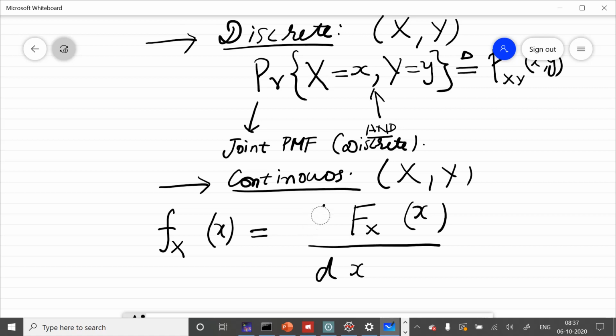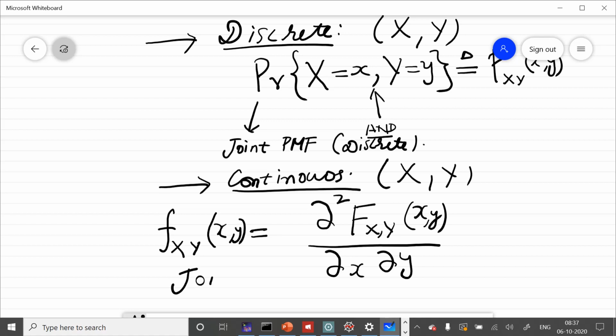So what you will do is, you have now a joint PDF. You differentiate it first partially with respect to x, then take a second derivative partially with respect to y. Then this will become the joint PDF, probability density function, of X and Y.